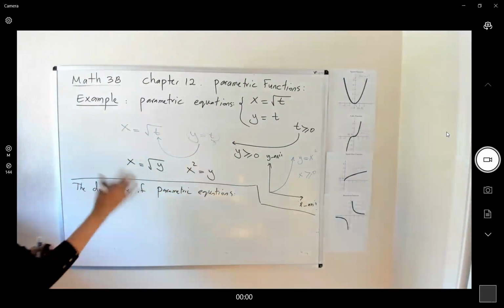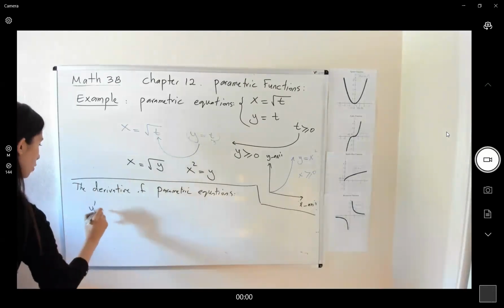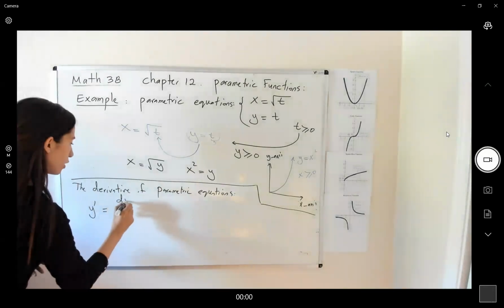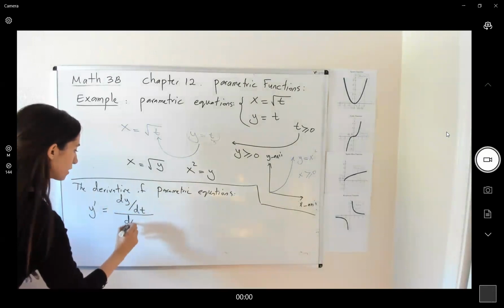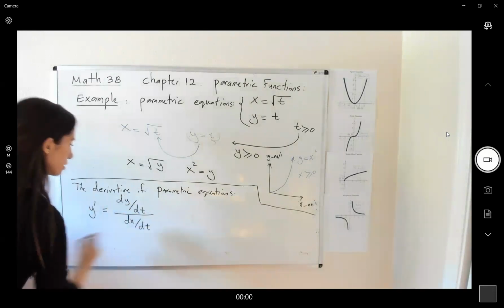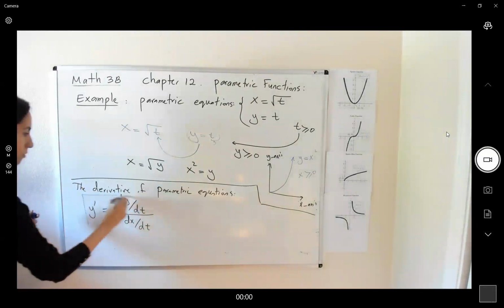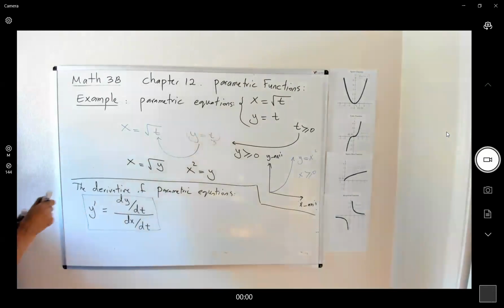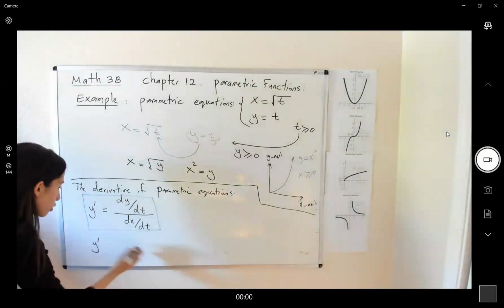The first derivative of any parametric equations is defined this way. Y prime is dy over dt divided by dx over dt. Let's take this parametric equation and find the derivative of this function.